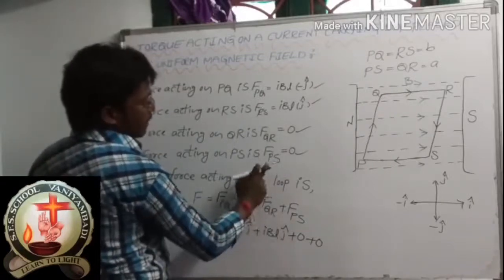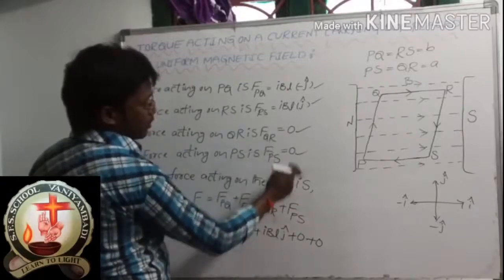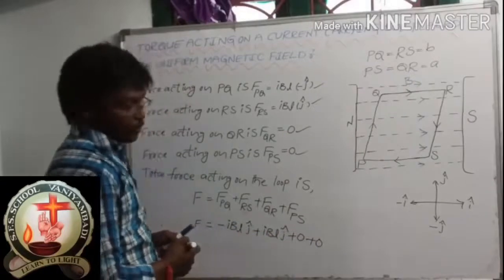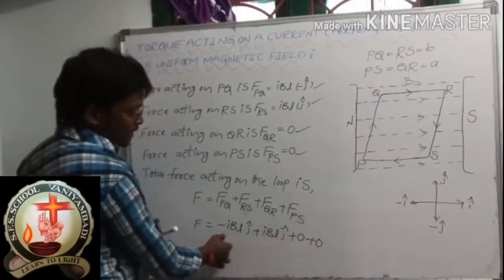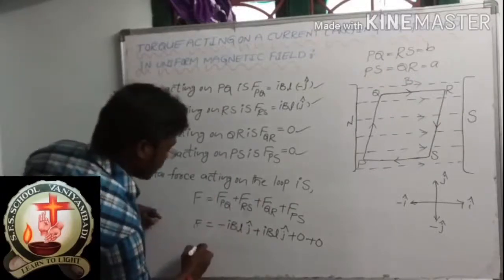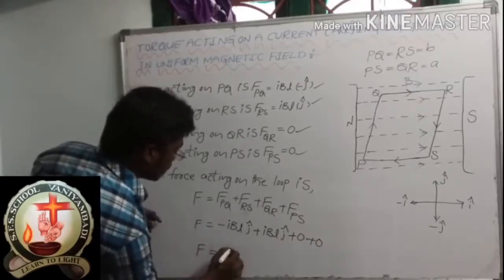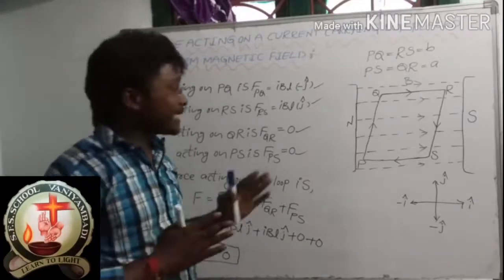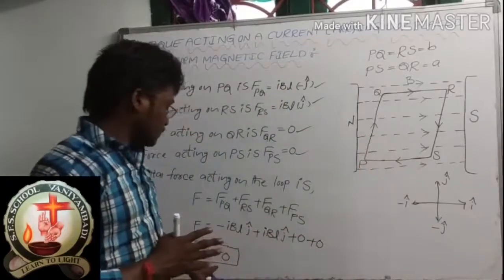So I have substituted all the values. This is the IBL j cap, this is a minus IBL j cap, minus and plus, 0. So what is the total force acting on the loop? 0. The total force acting on the loop PQRS is 0.